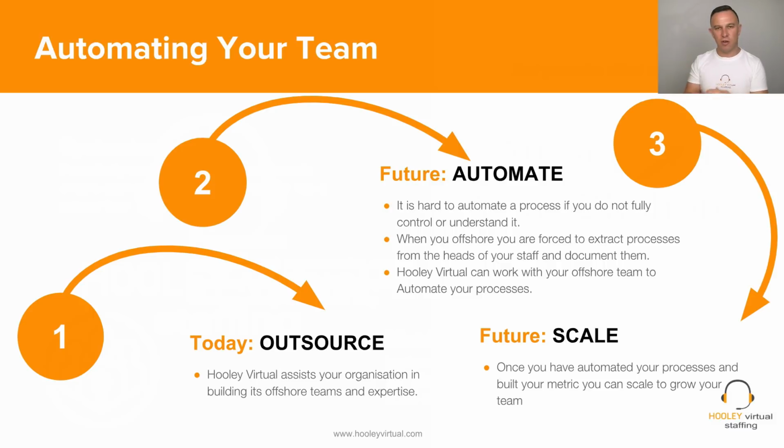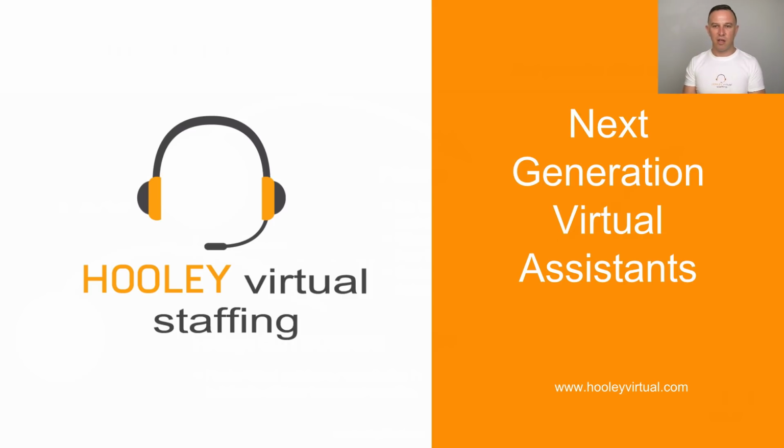So we need to get our systems right, document them as processes, and then put metrics around them. Once we've done that, it will allow our offshore team to scale, so they can take a lot of workload off your onshore team and create true efficiency in your business. That's all I've got for part 6 of employing next generation virtual assistants into your business.